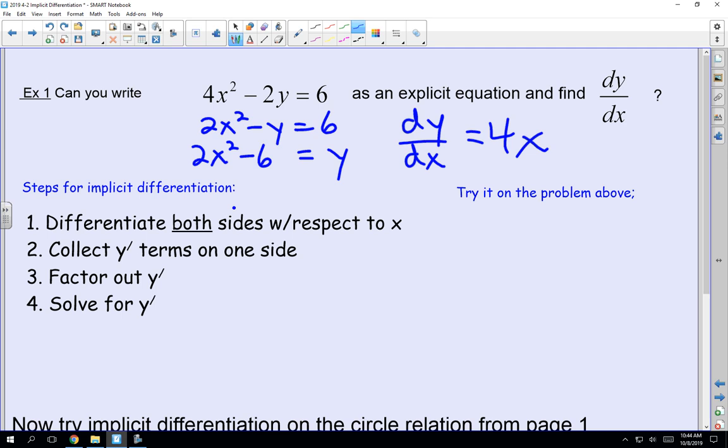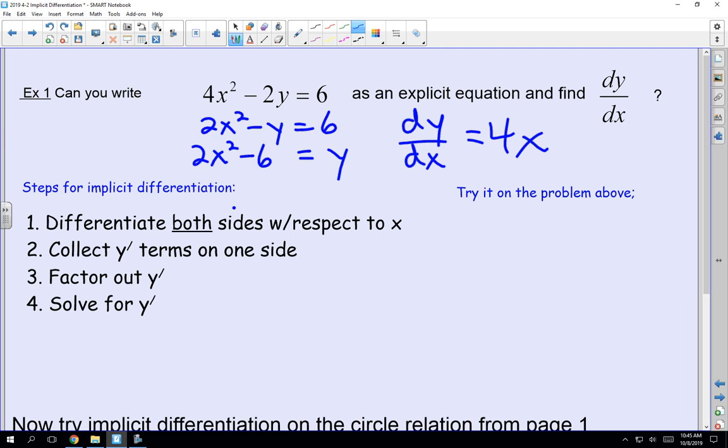So here's the step process. Because of the chain rule, every time we take the derivative of y and treat it like a variable x, we're going to attach a dy dx to it. So to differentiate both sides, it's just like the rules of equality for algebra.